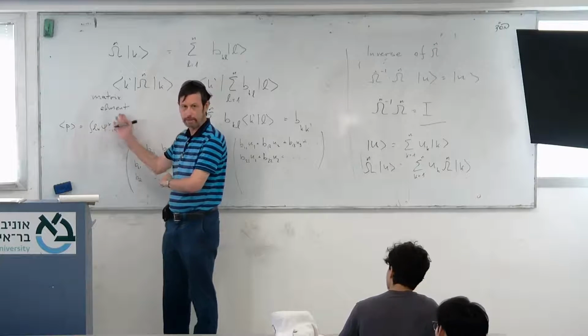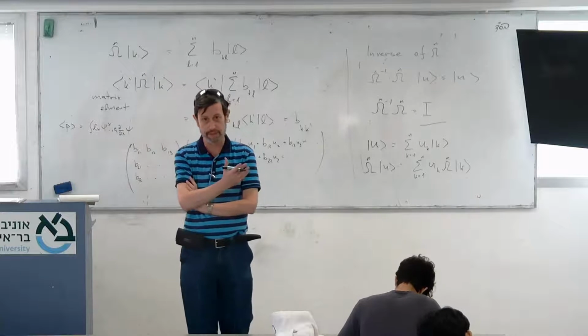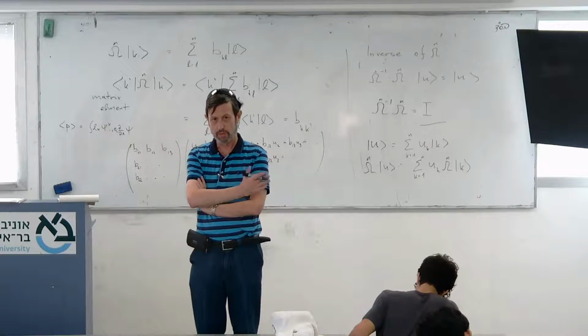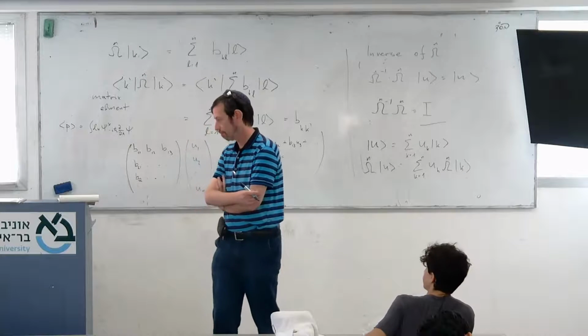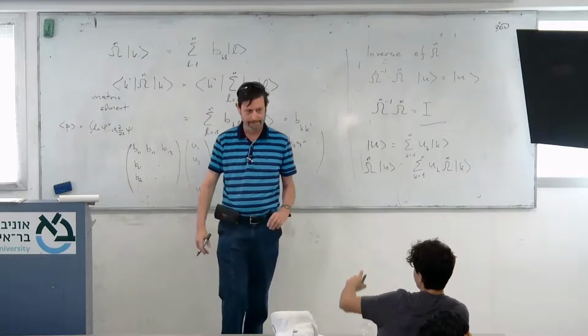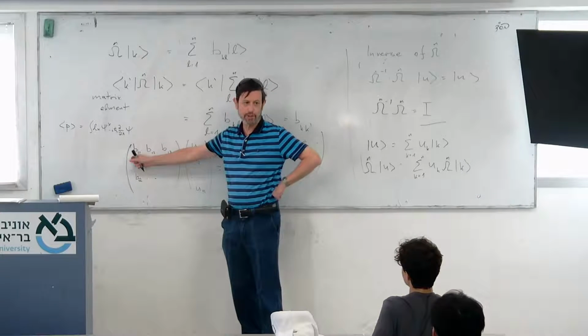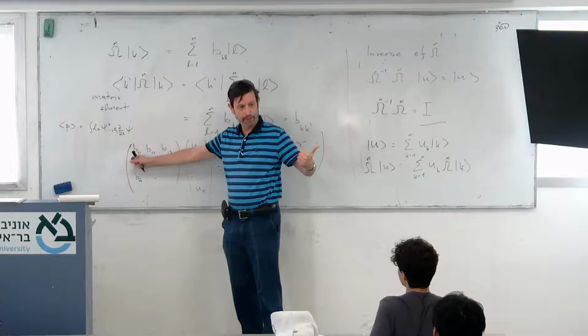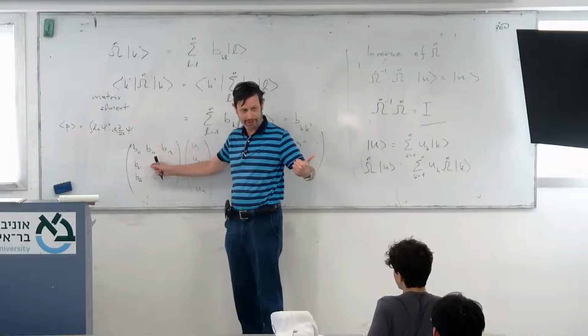Take all the bases, perform whatever this operator does. You know how to write them. So this is actually the expected value of, I don't know. So this is the expectation value for the first basis vector, for the second, for the third.